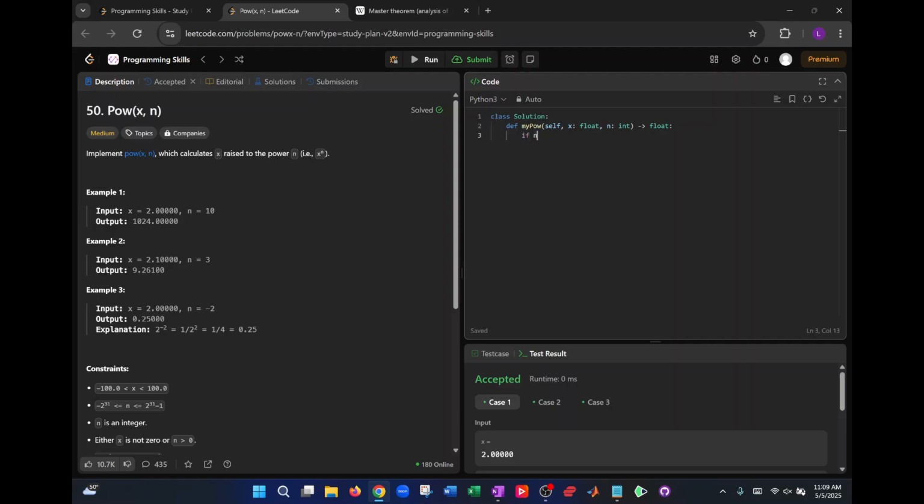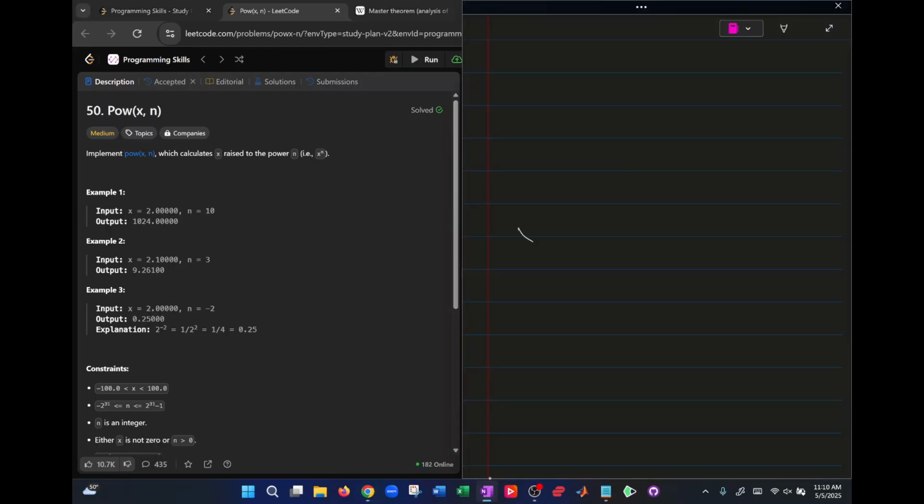If n is negative, then we make it positive and we replace x with 1 over x. Because x to the minus n, let's just say n is greater than 0, is going to be 1 over x to the n.